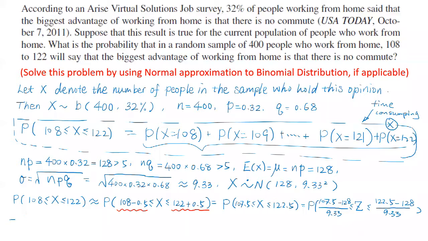Then this probability becomes, which is 0.2637.